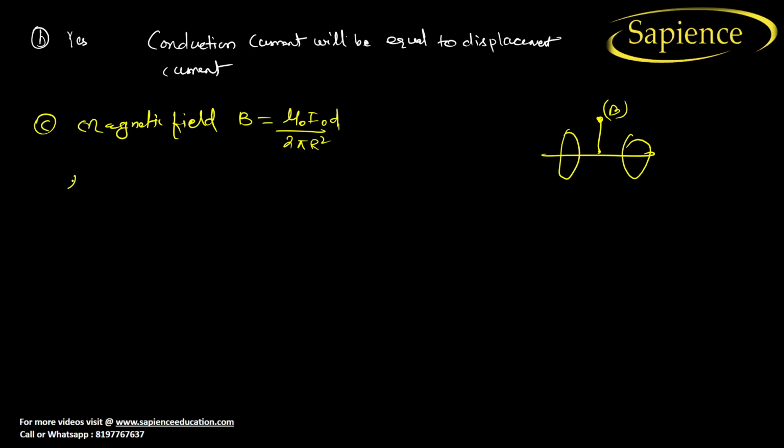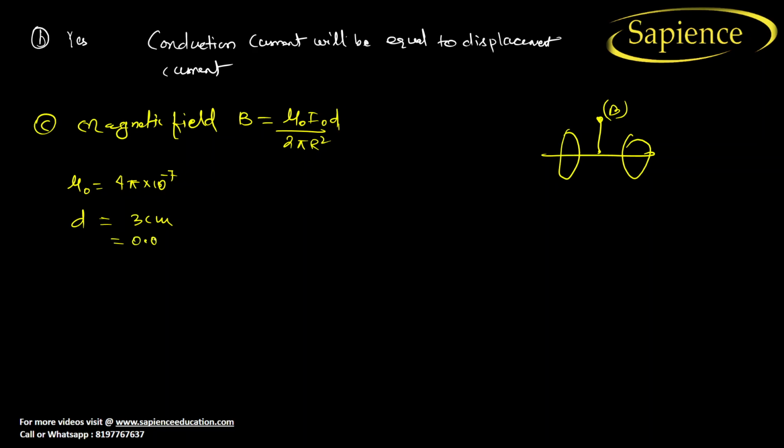See, mu naught is equal to 4 pi into 10 to the power minus 7, and the distance d they have given you as 3 centimeter.